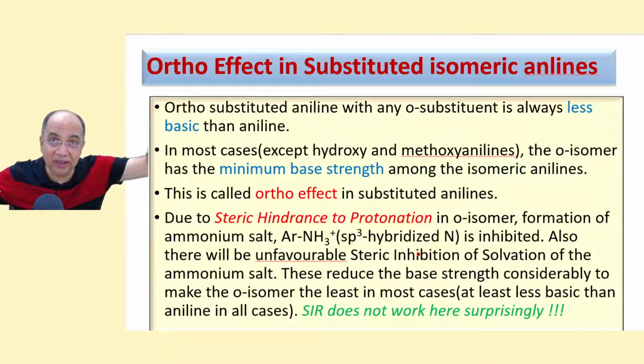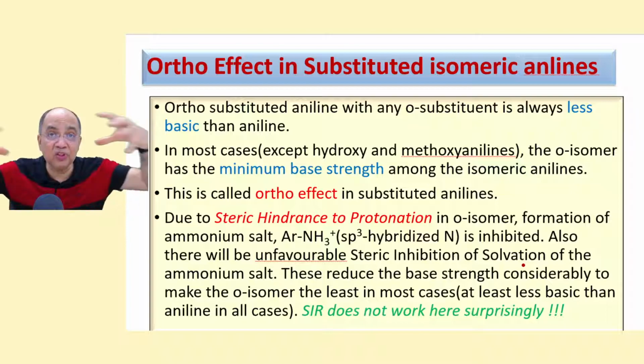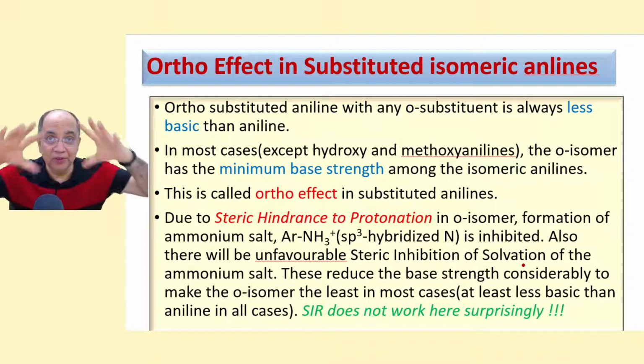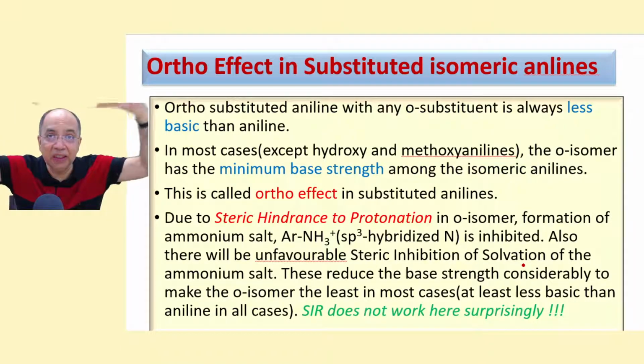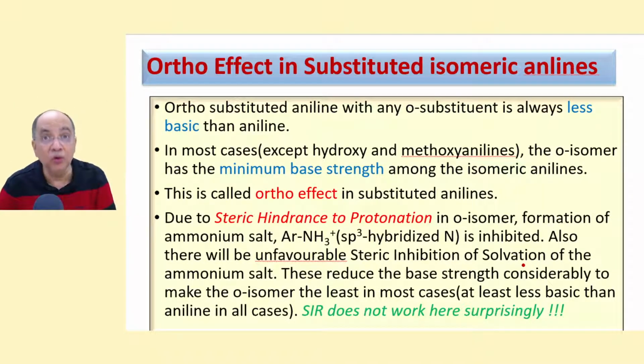It will be tetrahedral, so there will be a lot of steric congestion, the protonation will be inhibited or decreased if there is an ortho substituent already. Also, there will be unfavorable steric inhibition of solvation. The anilinium ion also has to be solvated by water. If there will be steric crowding, the access of water molecules to hydrate, to solvate the anilinium ion will be lessened.